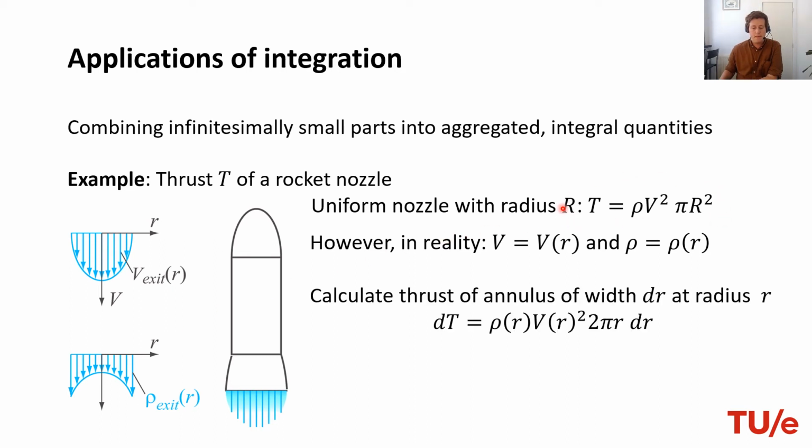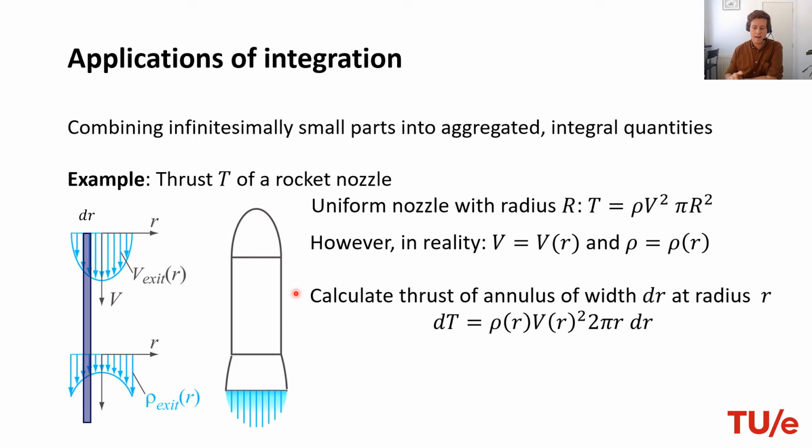However, we can again use this concept of combining infinitesimally small parts where we can compute the desired quantity, and then summing these up over the entire area that we're looking at in order to compute the aggregated or integral quantity. So instead of computing the thrust in one step, we calculate the thrust of a small part of the nozzle.